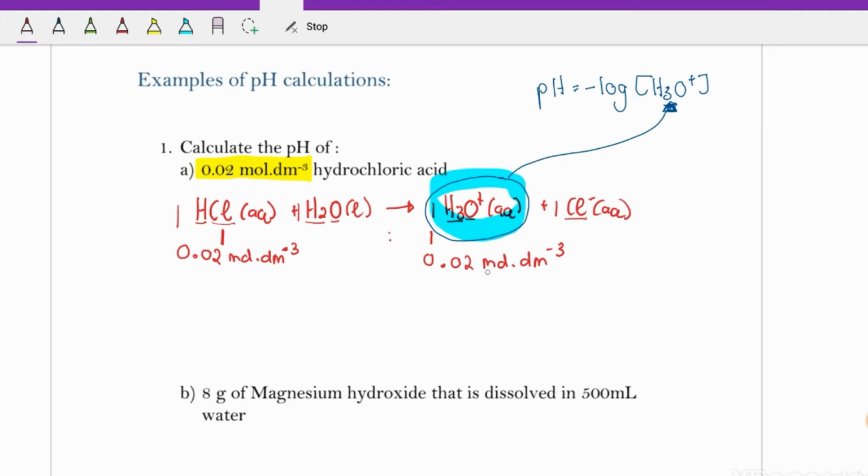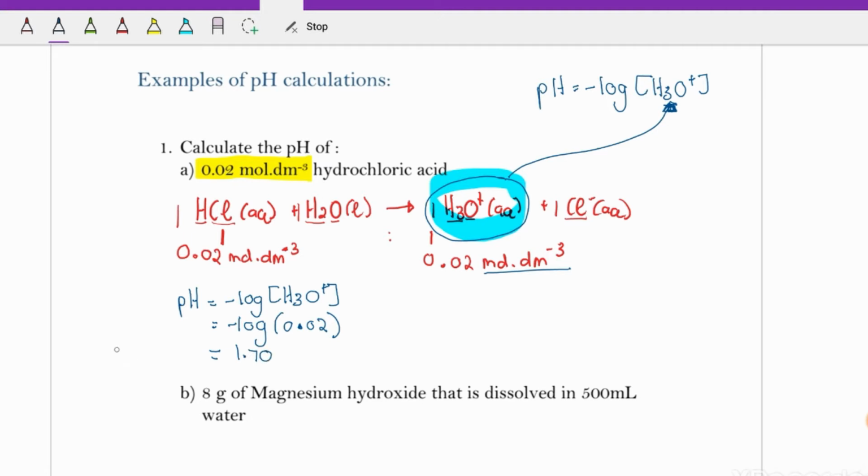So now that you have this concentration, you can now go and do your calculation. So the pH is equal to the negative logarithm of the hydronium ion concentration. So you know that concentration is 0.02. I'm not going to put in the units now. And if you work out your pH, you will get a value of 1.70.